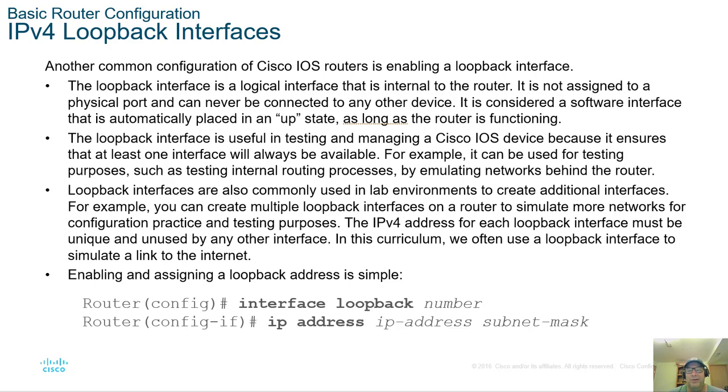The loopback interfaces, you can create them on your own, and there's a myriad of reasons you might want to use a loopback interface. We'll talk about those in other videos. But to create a loopback interface is really easy to do. Interface loopback, pick a number, hit enter, boom, you just put an address on the device. One of the things you might want to use it for is testing in classes.